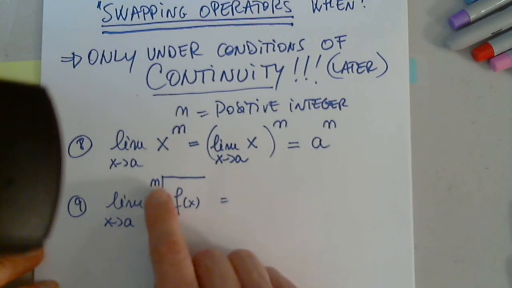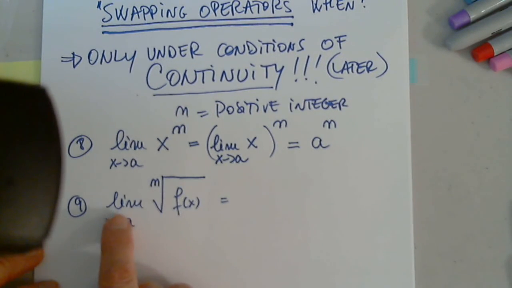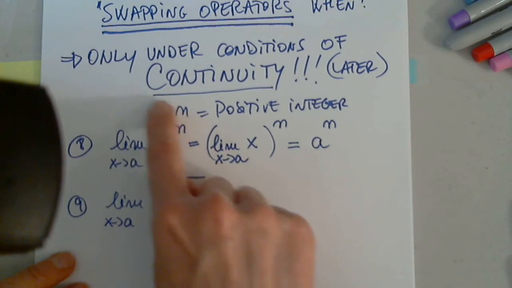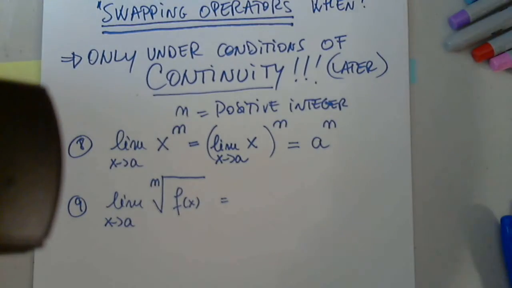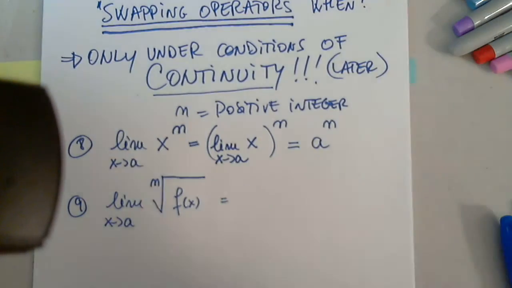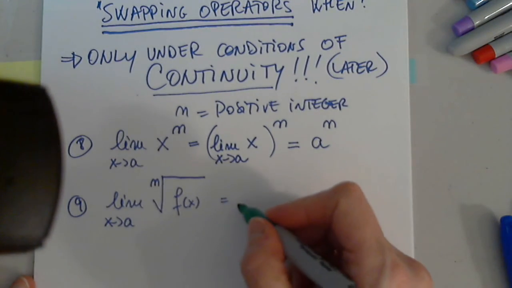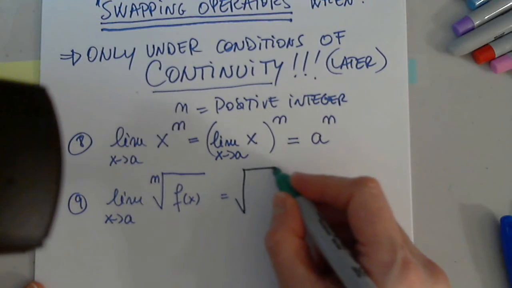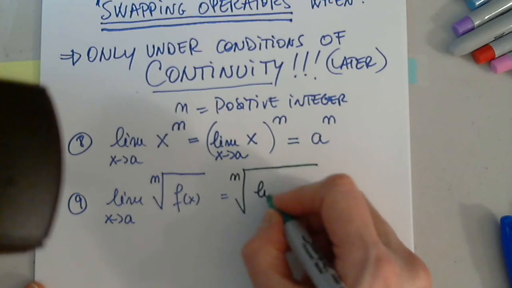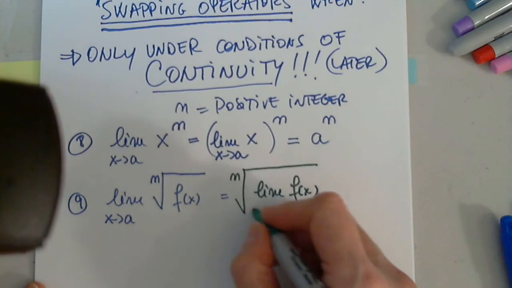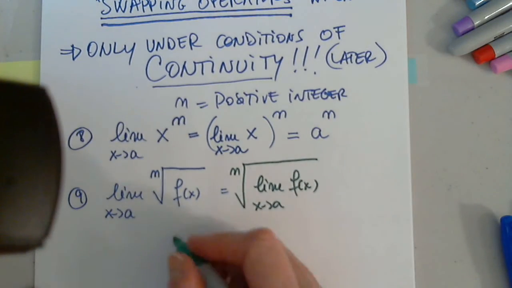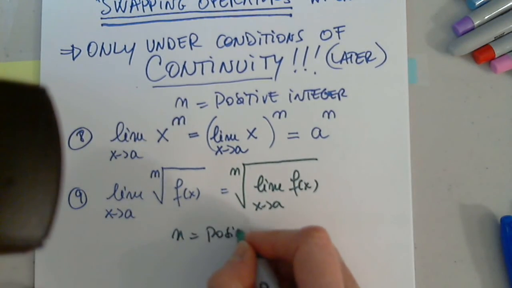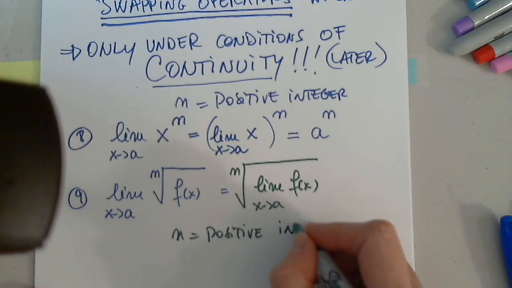It touches the function, so it's the inner operator, and this is the outer operator. So under conditions of continuity, what do you think I'm going to write? Anyone? So would you write the nth root of the limit of f of x? Very good. As x approaches a, and of course n has to be a positive integer.